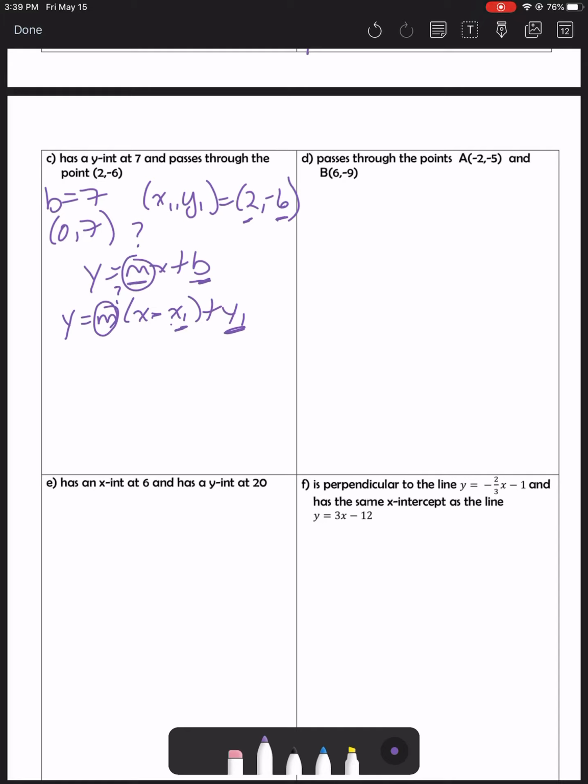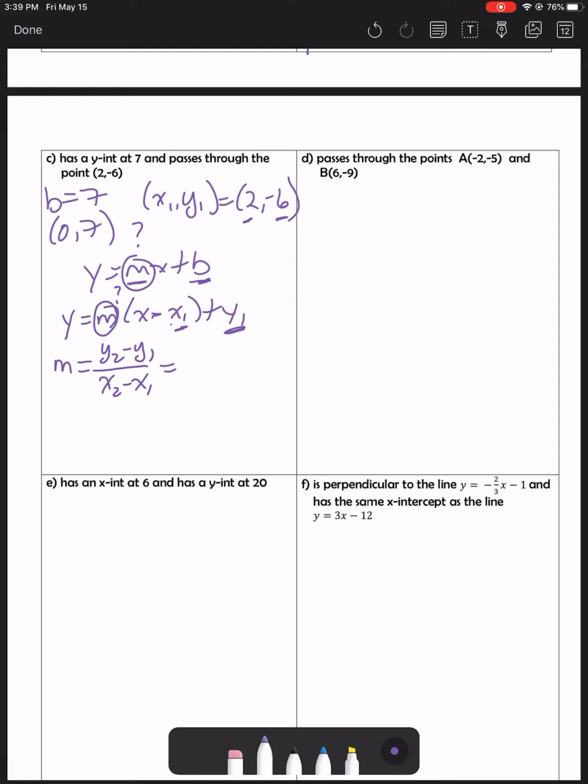However, I know 2 points on this line, and whenever you know 2 points on the line, you can use the slope formula to find the slope between those 2 points. So in this case, m equals y2 minus y1 over x2 minus x1.